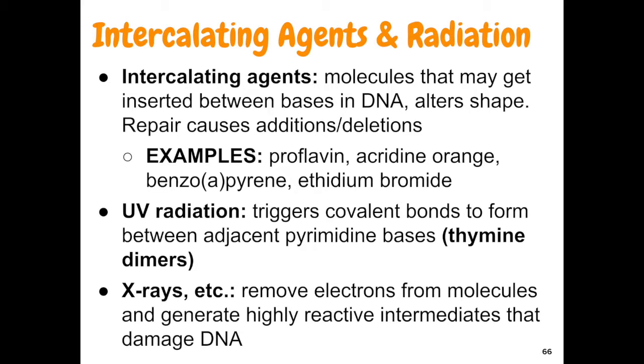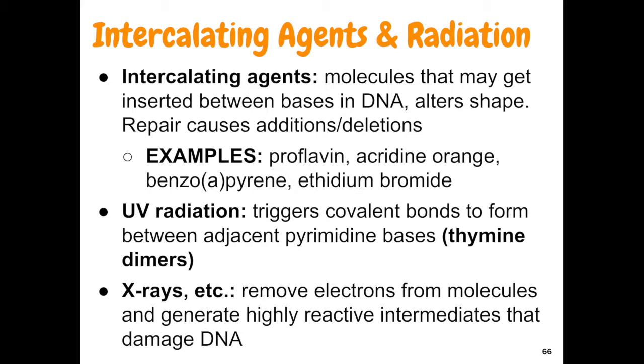Another type of cause of mutation is UV radiation. UV radiation triggers covalent bonds to form between adjacent pyrimidine bases. And UV radiation causes a thing called thymine dimers. That's when we have 2 pyrimidine bases, 2 thymines, attached to each other, and those 2 thymine bases end up joining to each other.